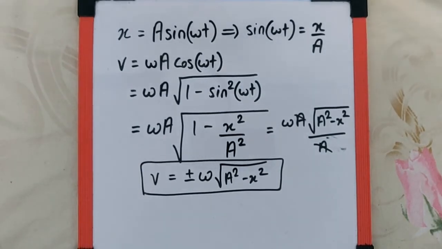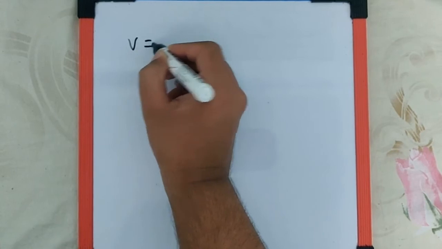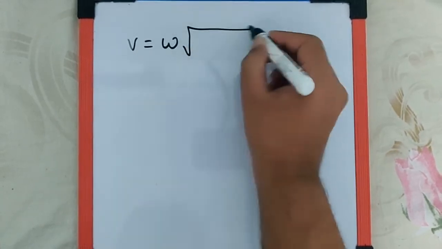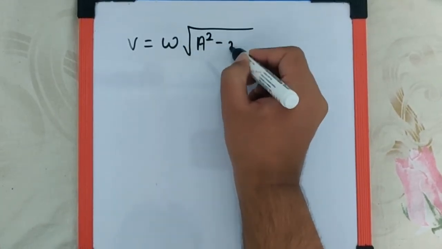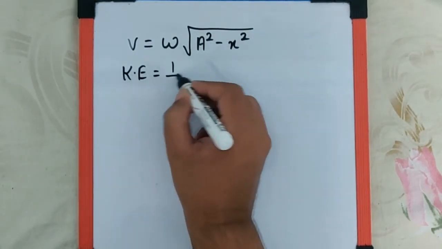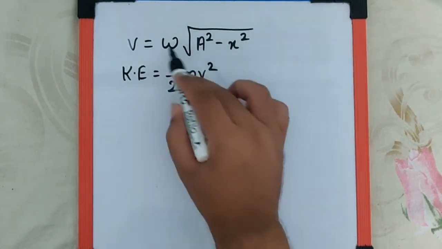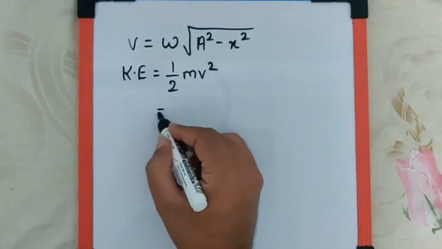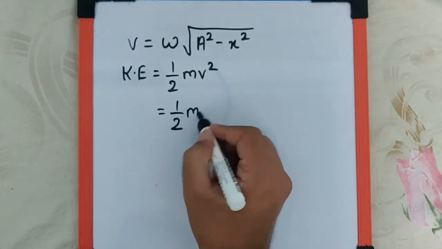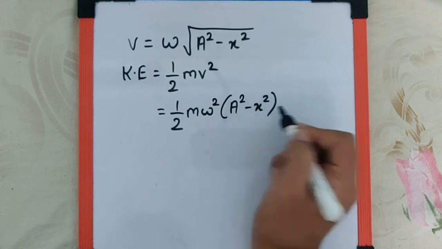Now we are going to use this to derive the expression for kinetic energy. Now we know velocity as omega root of a square minus x square, and we know the formula for kinetic energy as half m v square. So we just need to square this expression and put it over here. So we get half m omega square bracket a square minus x square.